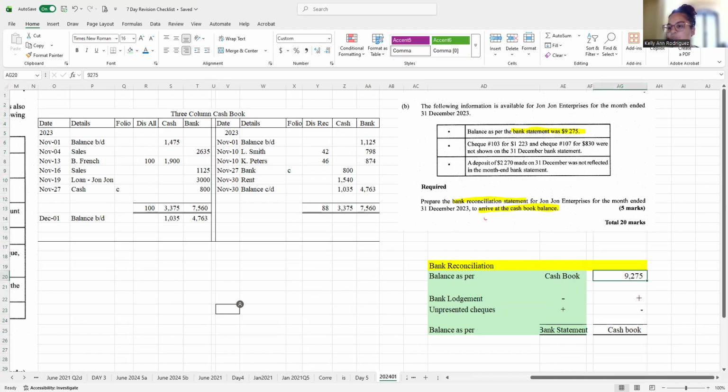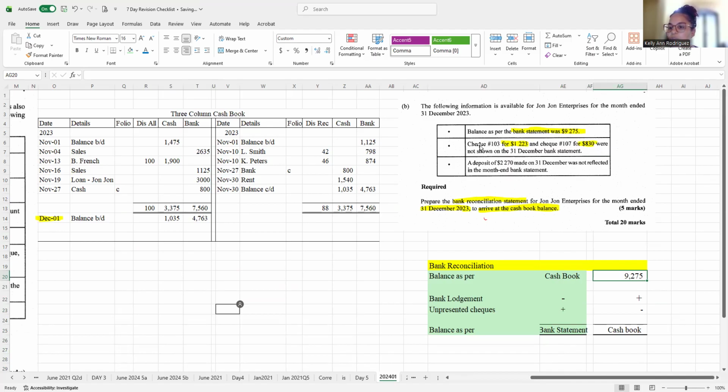Check number 103 for 1,223 and check number 107 for 830 were not shown on the 31st of December bank statement. Don't look here for it, it's not in this question. This question was the December 1st balance. This is December 31st you're dealing with, so it's 2 different reconciliations.